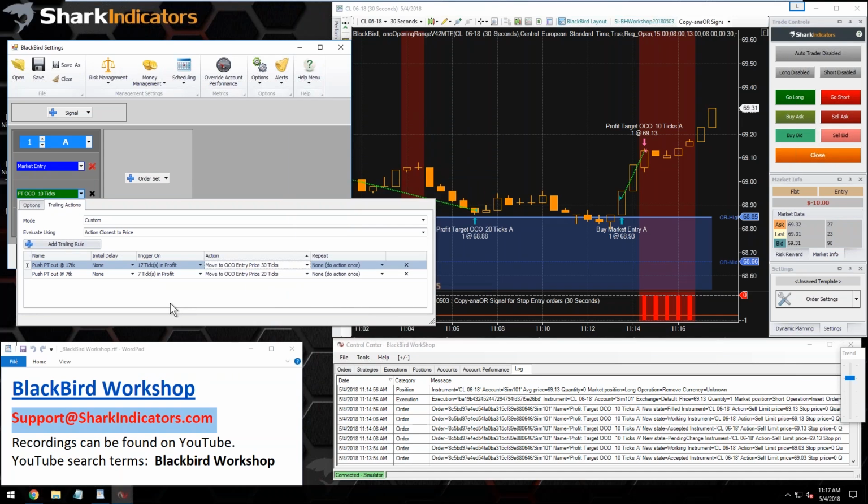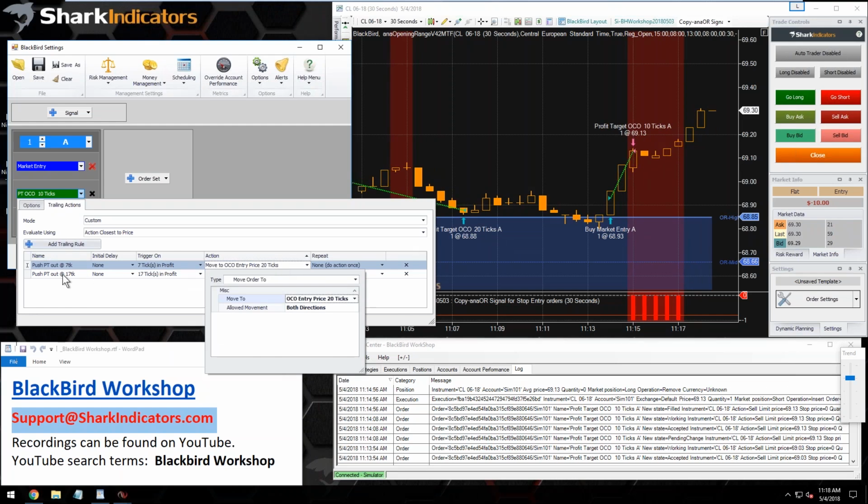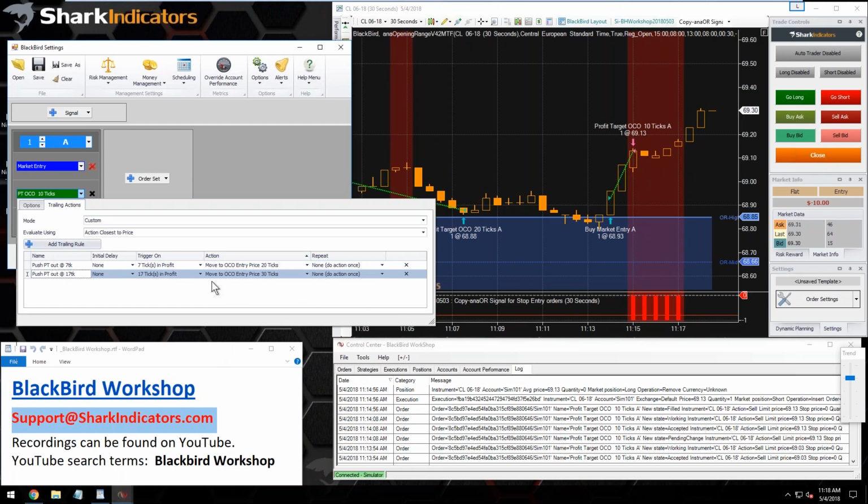So this first trailing rule pushes the profit target out to 20 ticks, and this next trailing rule pushes that profit target out to 30 ticks. And you just keep incrementing until you're done.